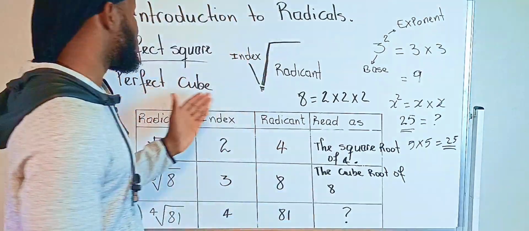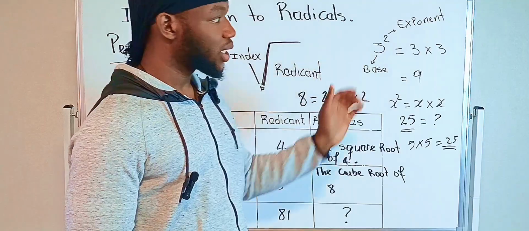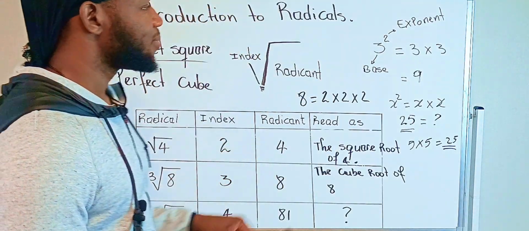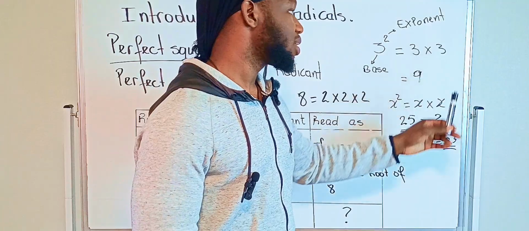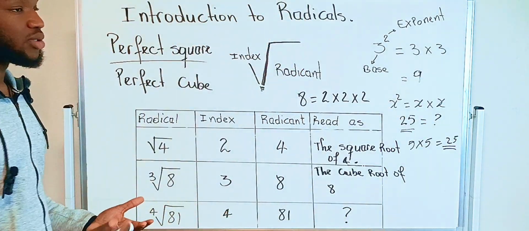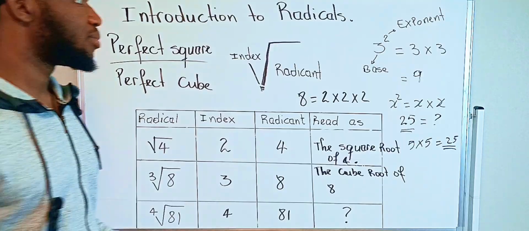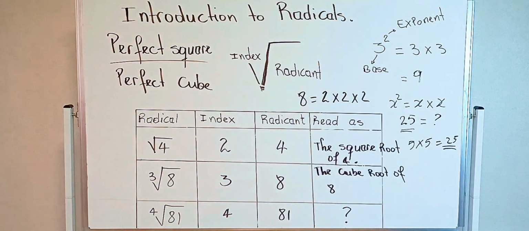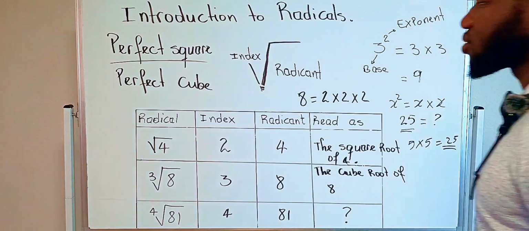This is the reason why I bring up the exponent, because I want you to understand that the exponent is the number of times the base is used as a factor.